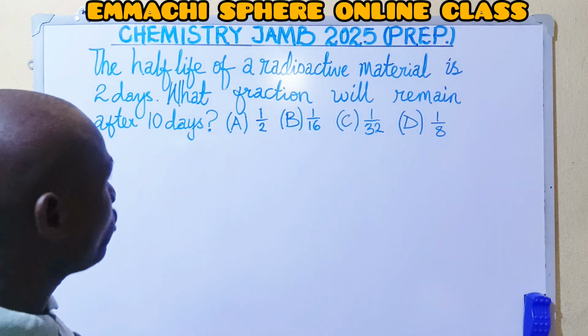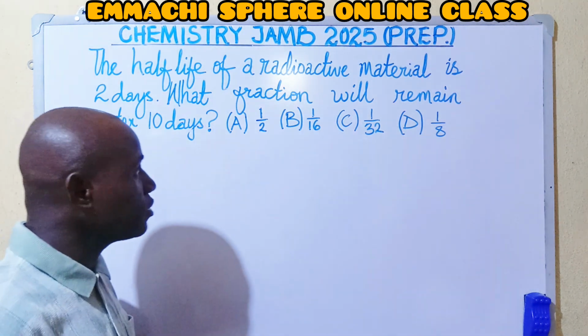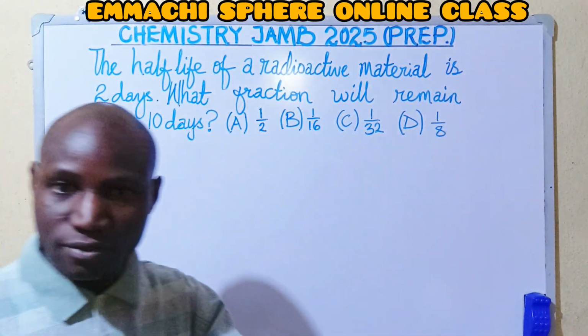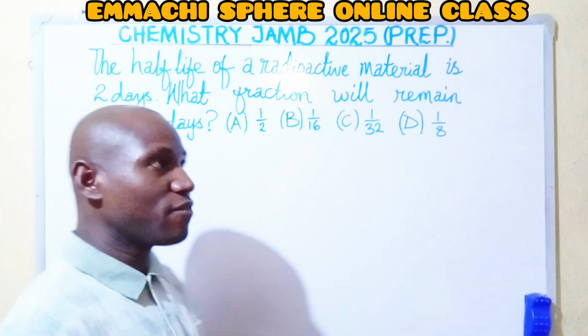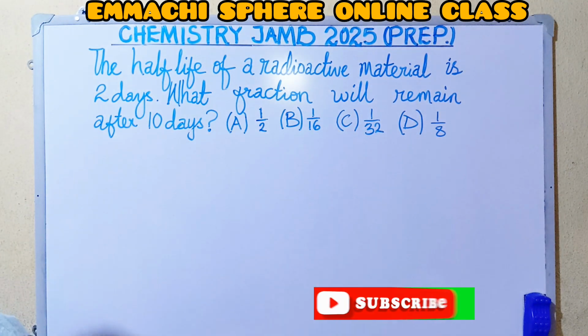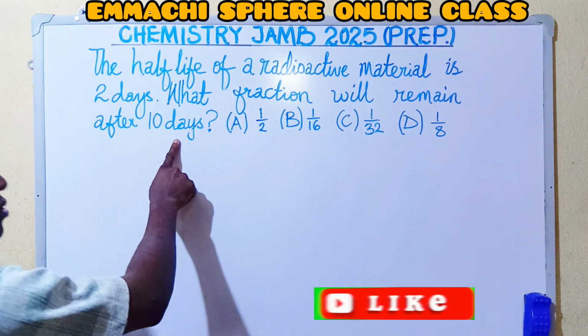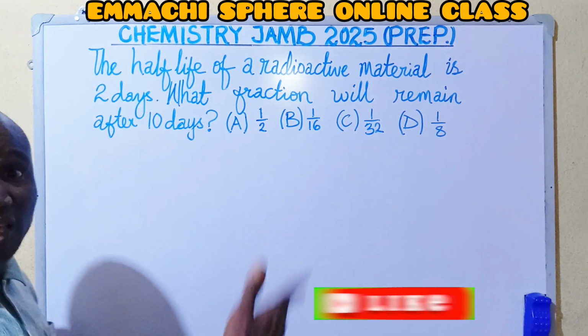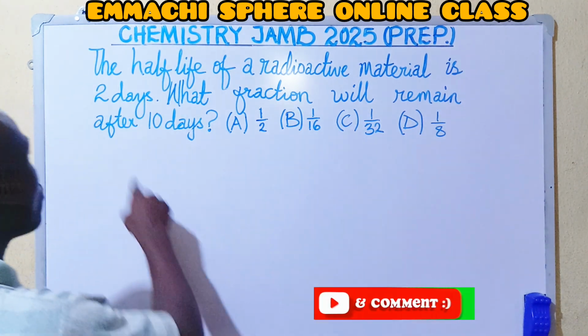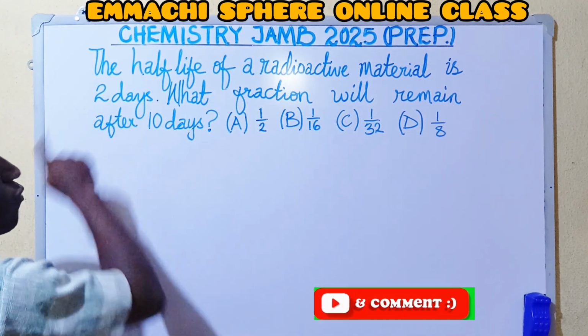The first thing to do here is to calculate the number of half-lives. To calculate the number of half-lives, we are given the total number of days that decay took place, and also the half-life of 2 days.